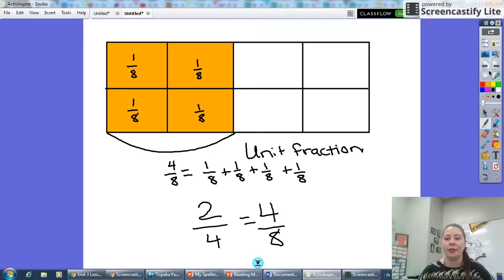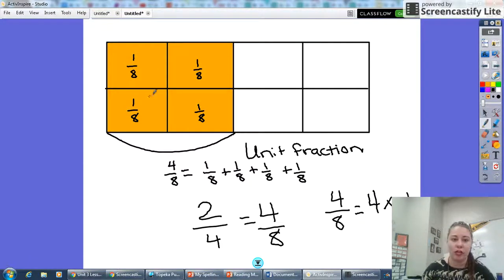Another way that we could write this using multiplication is also by saying 4/8 is equal to 4 times 1/8. Because remember, multiplication means groups of. So 4/8 is really equal to 4 groups of 1/8. I have one group of 1/8, 2, 3, and 4. So that's another way that I could write this.